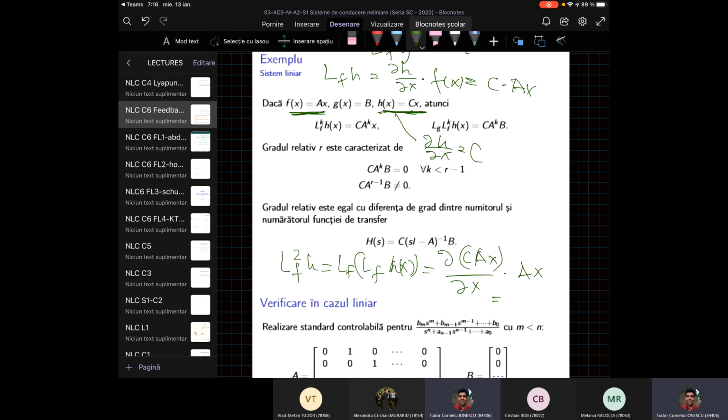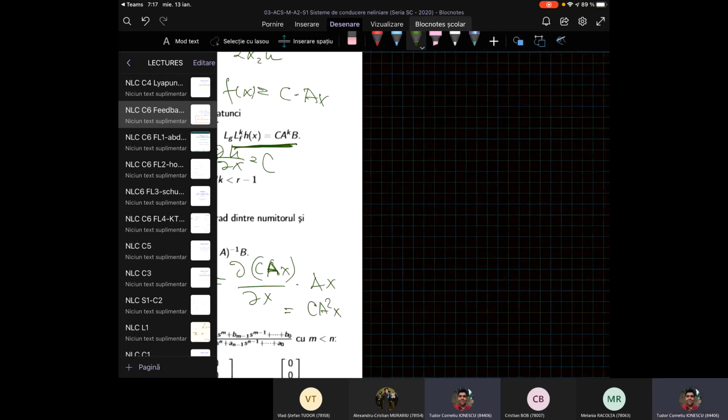It's a linear mapping, so the derivative is CA. Of course. So this is CA^2 x, and this is proving this relation. The same applies for this relation. Okay?